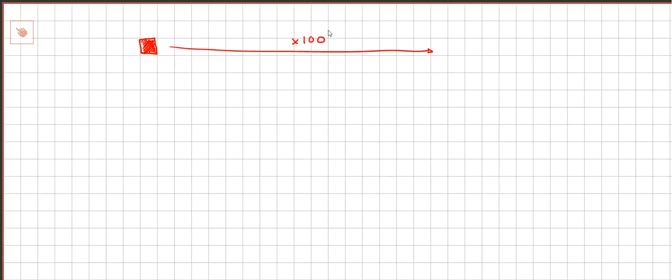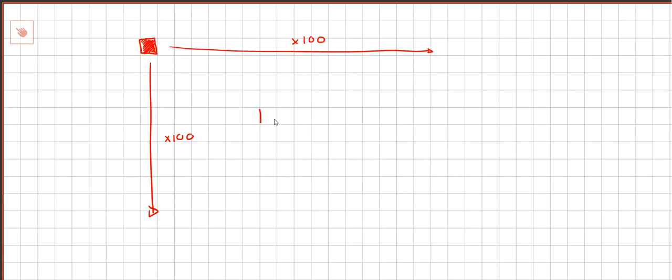Does that make sense? But then, if I then built up, I need a square metre. So not only do I need 100 in that direction, I need 100 in this direction as well. So I would have 100 in a line, and then I would have 100 of those lines.